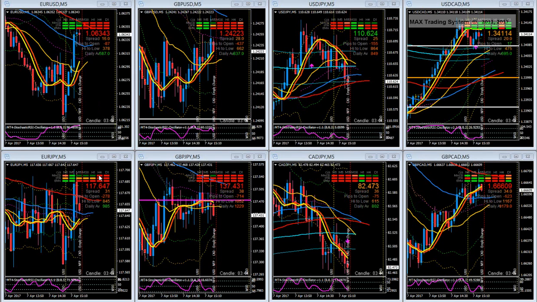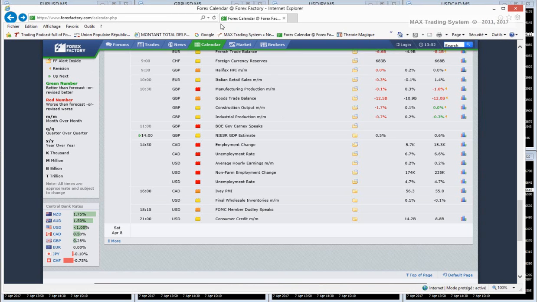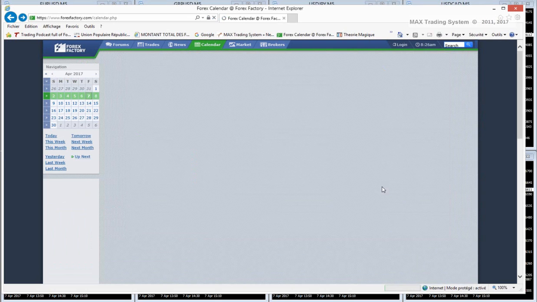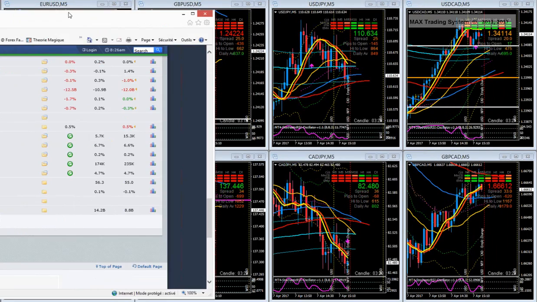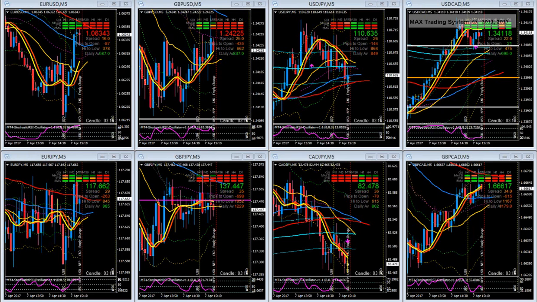So 4 minutes before the news. Normally the calendar should now indicate the small green button. What I'm going to do, if you have the calendar on your own side, I will move the calendar here on my second screen in such a way as to be able to see what the price will do as soon as the news is released.